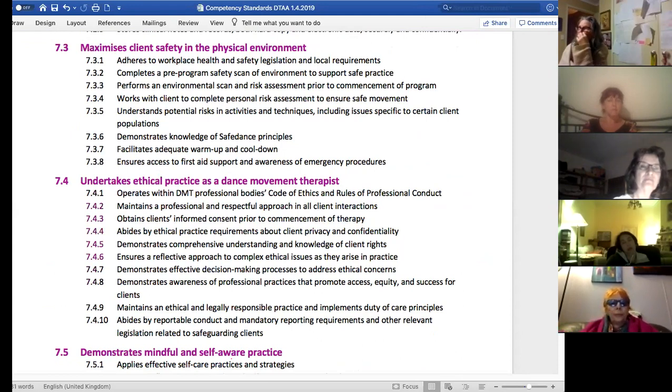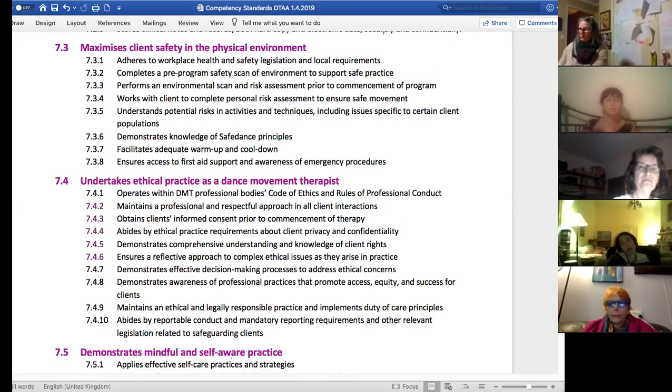Ethical practice: most importantly, abiding by DTAA's Code of Ethics, which is under development, right, Connor? But also many other things that add to ethical practice, such as a reflective approach, decision making that addresses ethical concerns, etc.